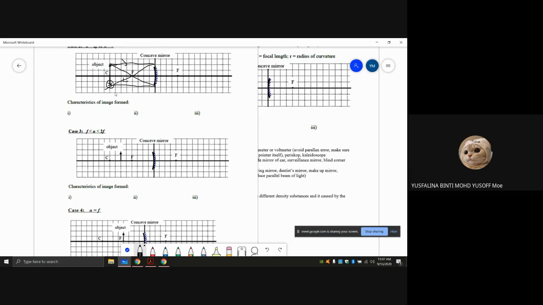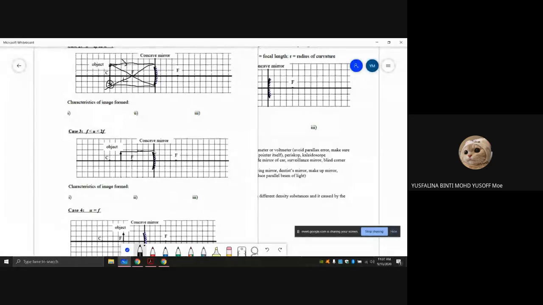Alright, so what if the object is situated between F and C? This is the object. Still the same way: you draw the first ray from here to here. Since the mirror uses reflection, it will reflect back to F, like this.